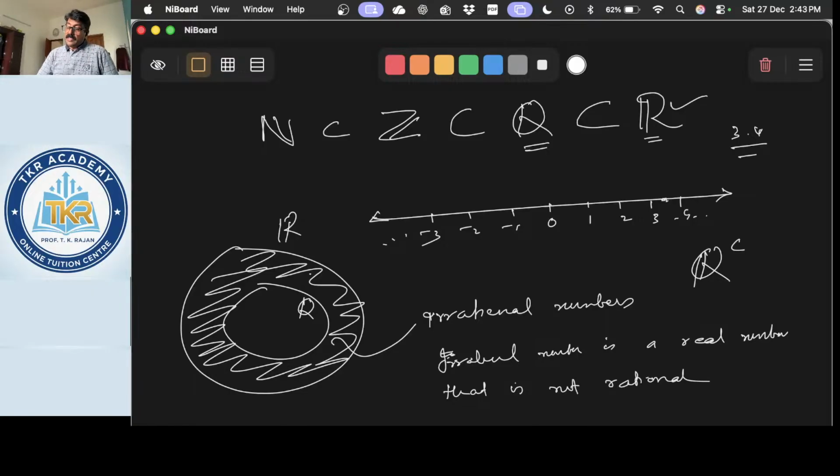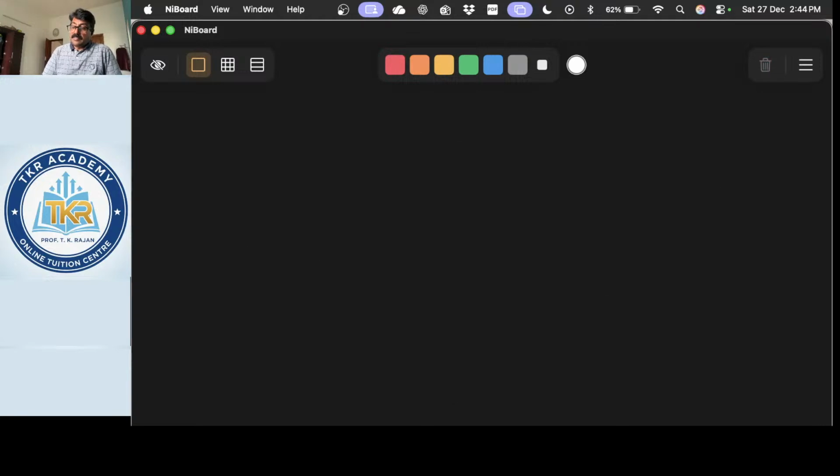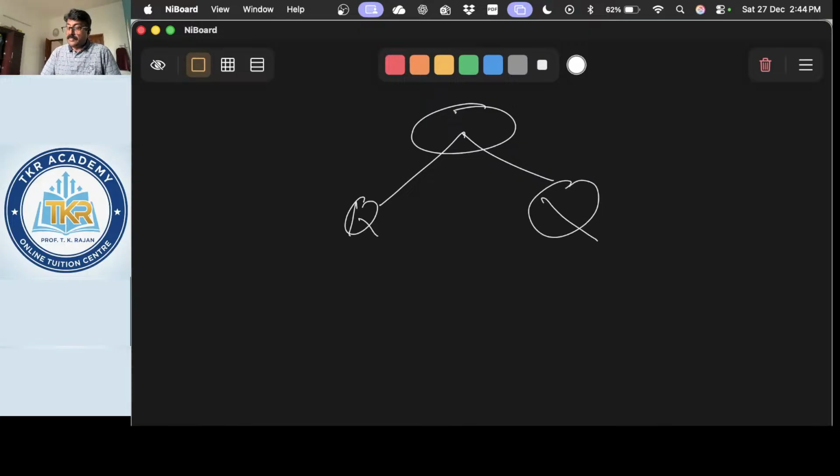Now the set of all irrationals, the Q complement, is also a subset of R. In fact, R, the set of all real numbers, is divided into the set of all rationals and the set of all irrational numbers.